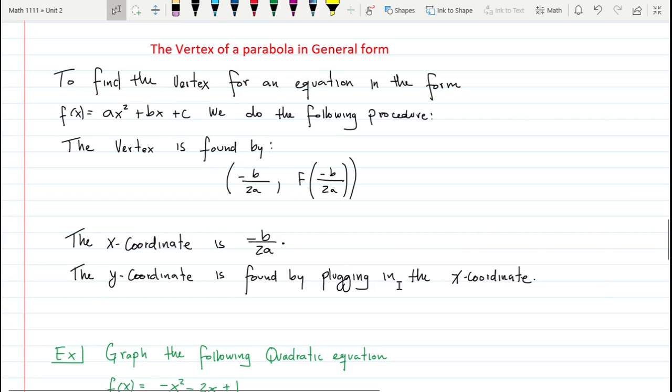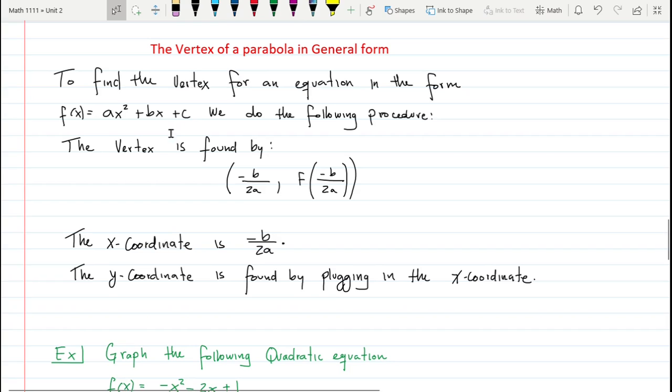General form is a number times x squared plus a number times x plus a number. So this one, you cannot easily pull the vertex out of it, right? You have to do a little work. But with this formula or method, it's going to be really easy.